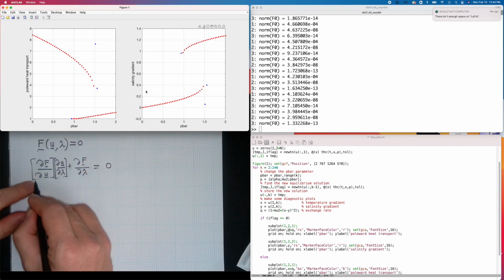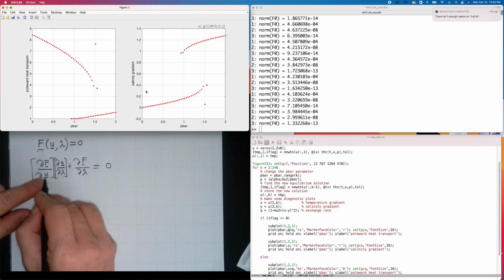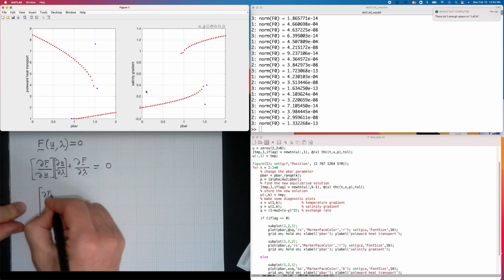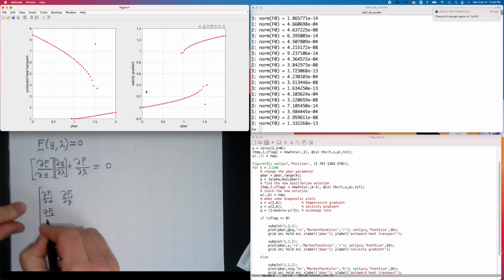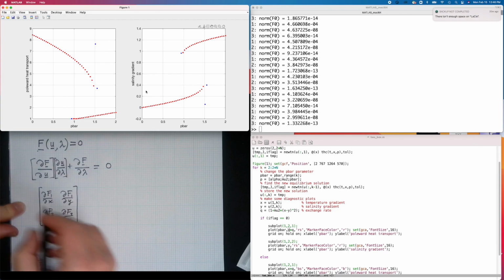This term here is the Jacobian matrix that I was talking about last time, the matrix of partial derivatives of f with respect to the components of u, and they're the following: df1 dx, df1 dy, df2 dx, df2 dy. That's this thing.